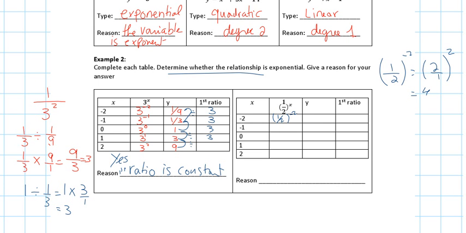A half to the power of -1 is 2 to the power of 1, which is 2. How about half to the power of 0? How about half to the power of 1? How about half to the power of 2?